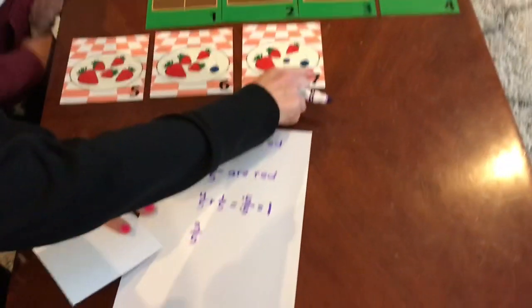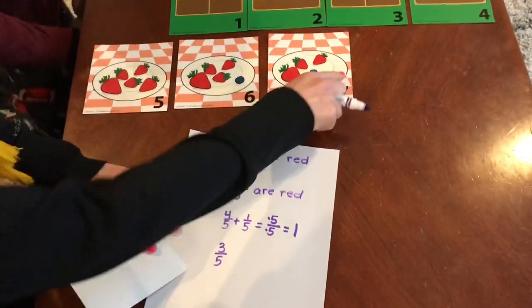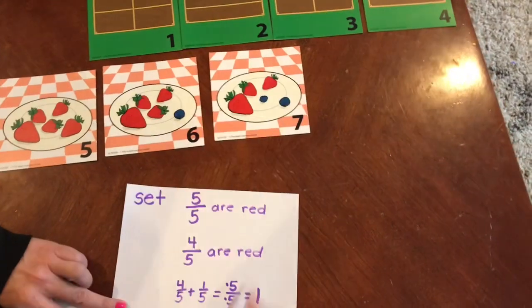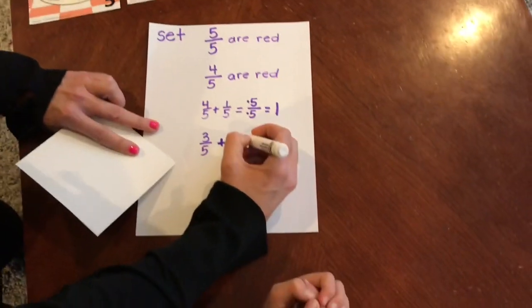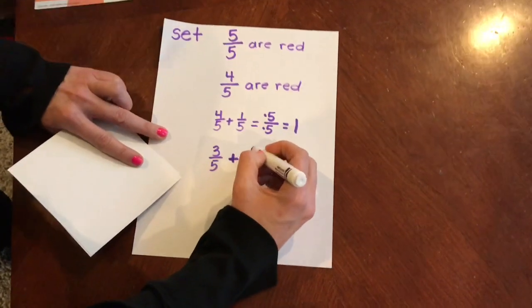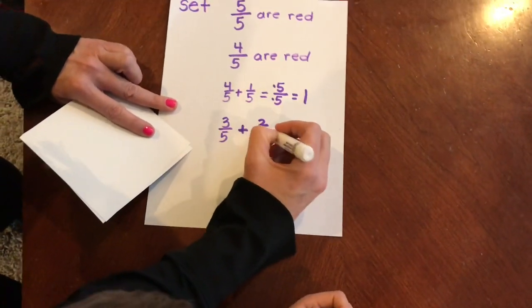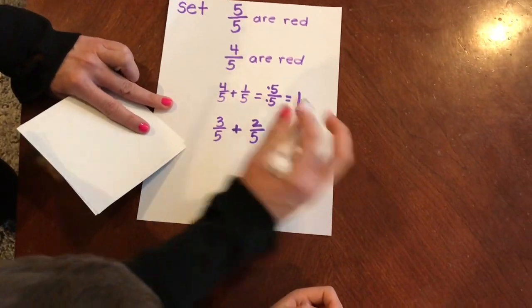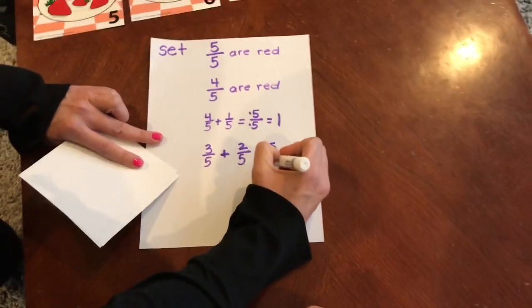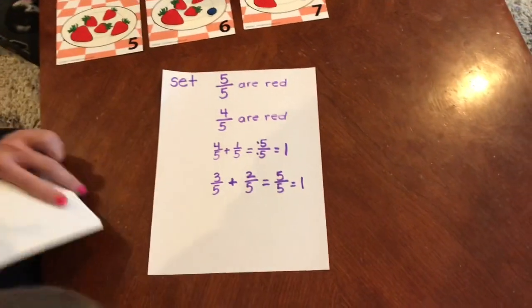It's not 3 twos or 3 halves. It's 3/5. 3 are strawberries and there's 5 altogether. Ian, can you tell me the fraction that are blueberries? 2/5. 3/5 plus 2/5 is 5/5, which is the whole set.